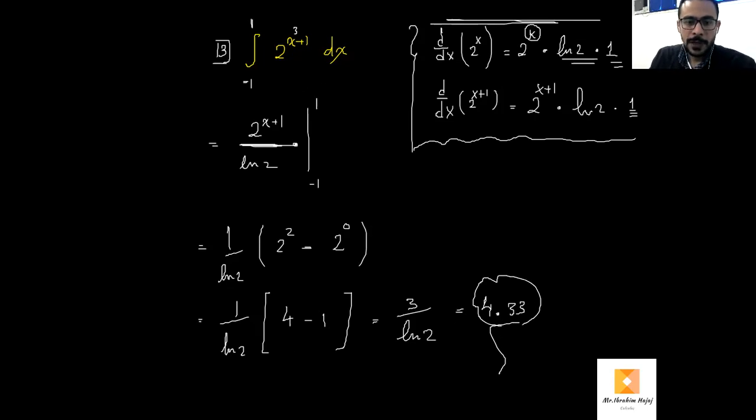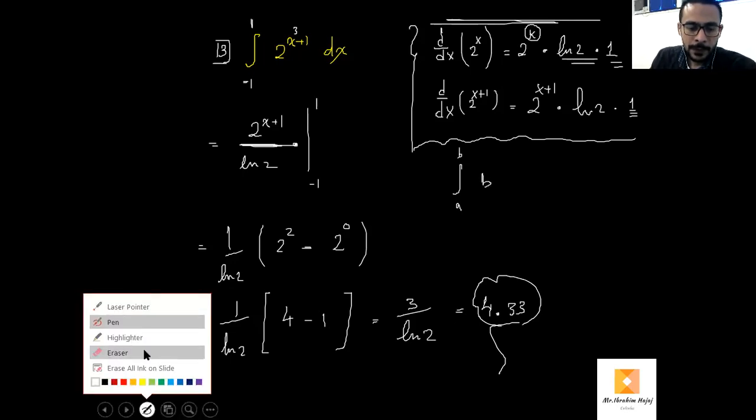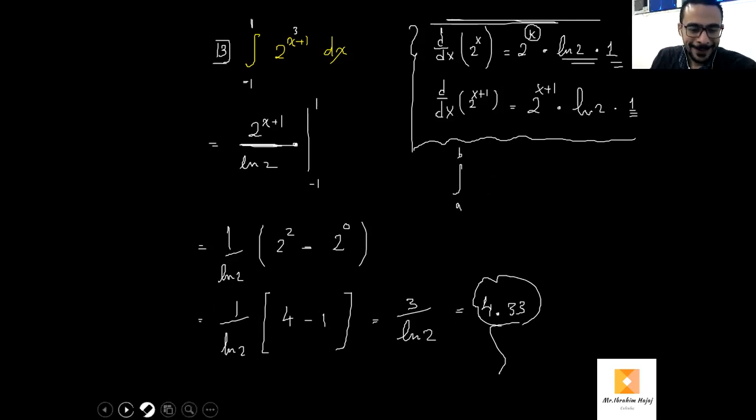Any questions? So again, what's the integral, let's write it as a rule, from A to B of K to the power of a function of x, where K is a constant, like 2, 3, 4, 9, any constant, to the power of x, or x plus something, or x cubed, dx.